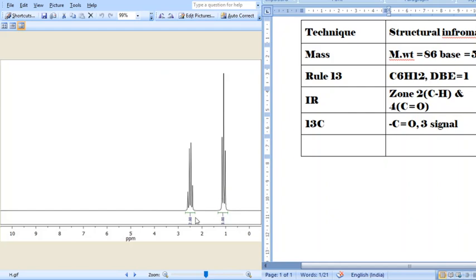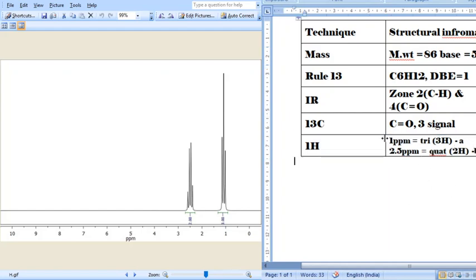The position will say which carbon is attached to carbonyl or an electronegative atom, and this CH2 carbon is attached to carbonyl. Therefore from here we confirm there is a CH3, CH2, CO. This is the information we get from the NMR.